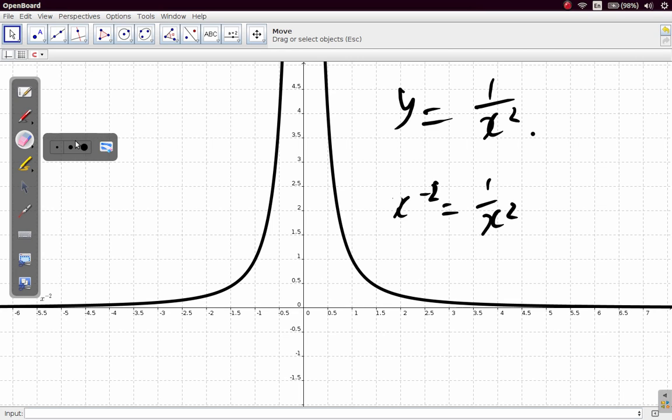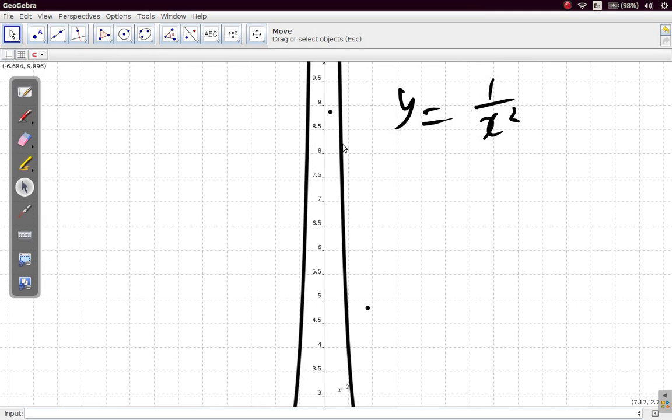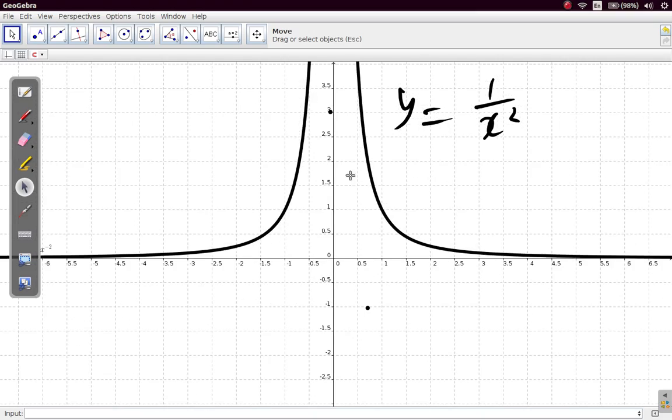Now, y equals 1 over x squared. Why does the graph behave this way? What happened is this. You can see that if you look at the graph further up, or you could zoom out.